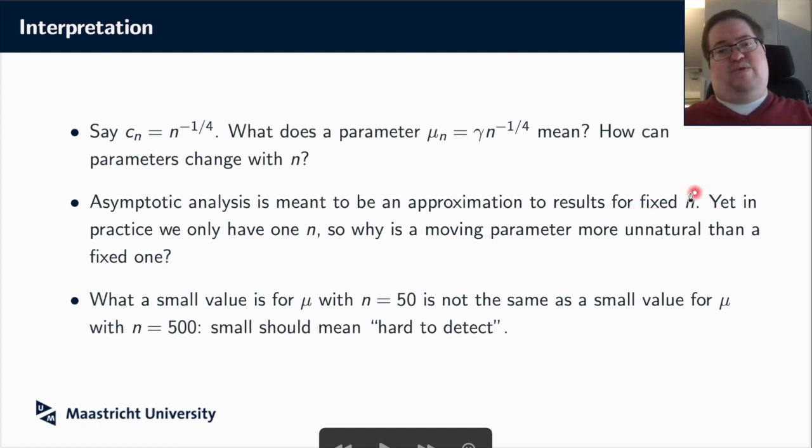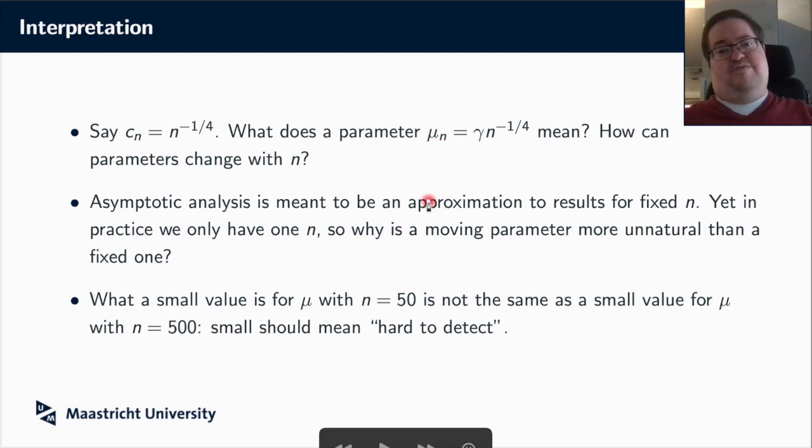So if you think about it that way, and then think about the fact that in practice you only have one n, well, if you only have one n, then you also just have one value of mu, right? It's just a value for the parameter. So there is nothing going to infinity, going to 0 and changing mu.